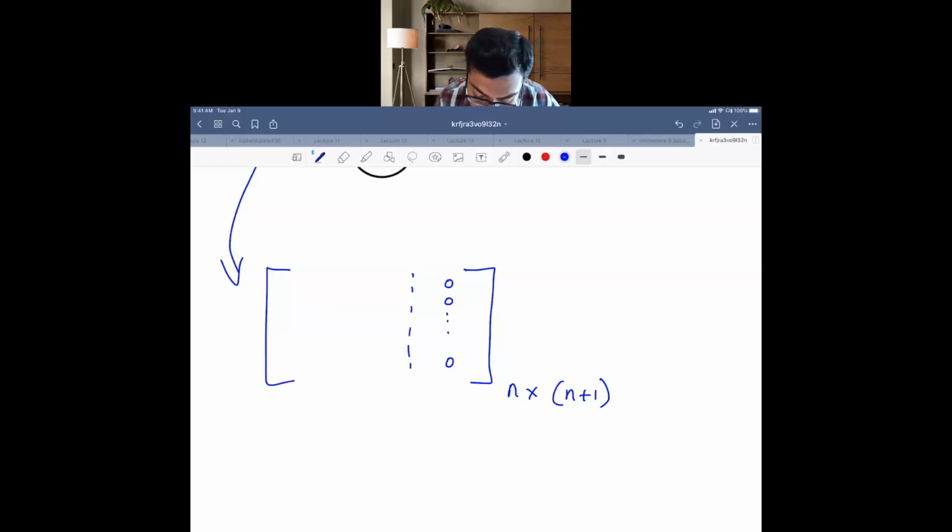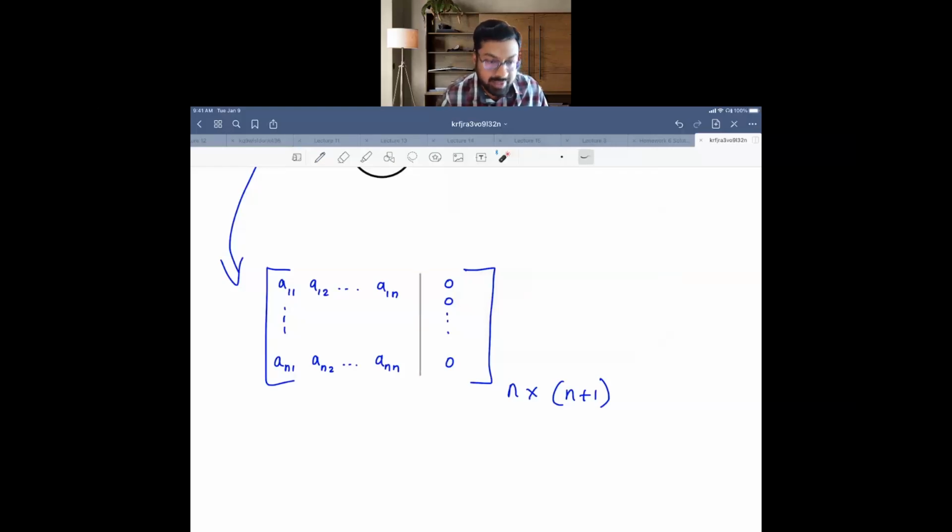You will start off with A11, A12, and so on up to A1n, and then you will go down. The last row will be An1, An2, and so on up to Ann. Let me erase this and maybe use a different color here.